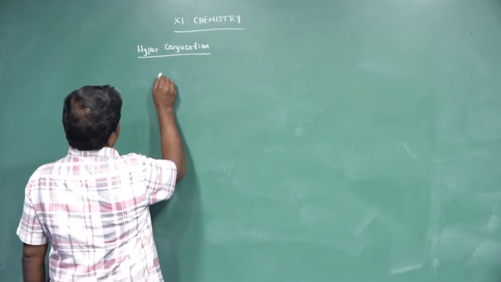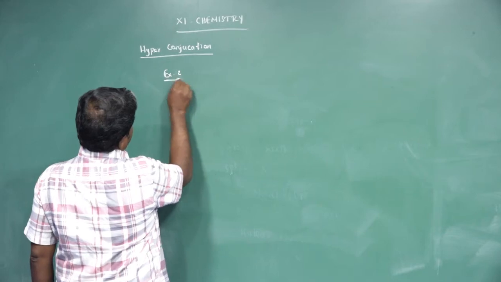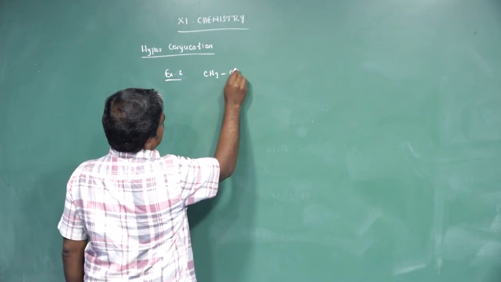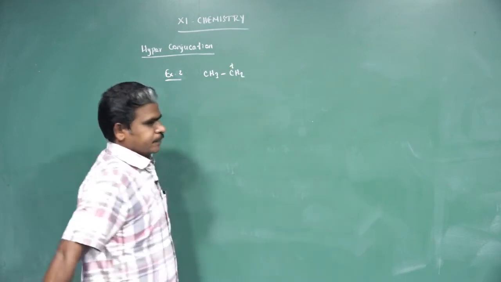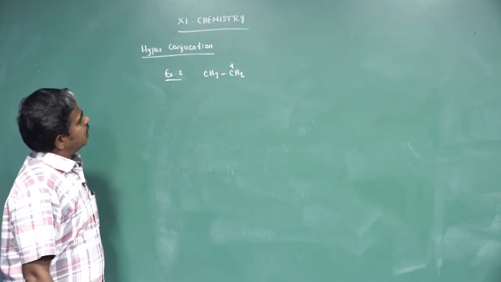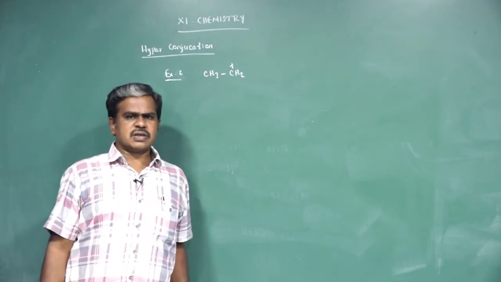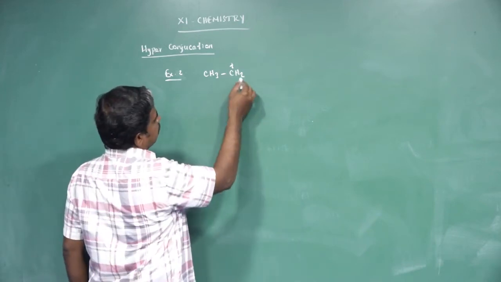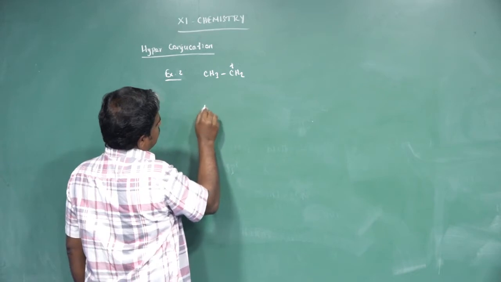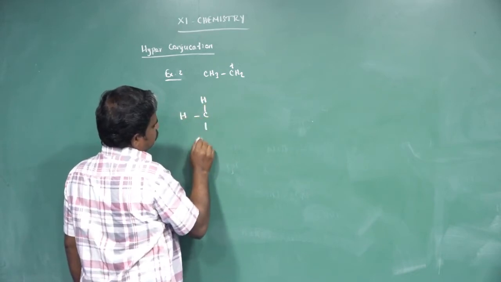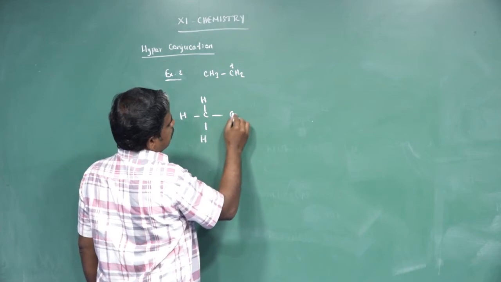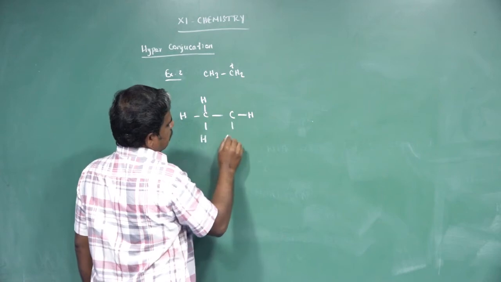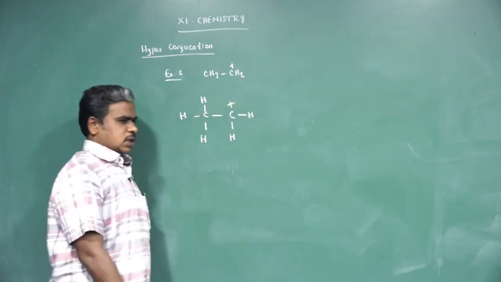Now we may take the second example, the ethyl carbocation, CH3CH2 plus, and check whether it will involve hyperconjugation or not. First check it out, and one is an sp2 hybridized carbon. Now here we are taking a carbon, hydrogen, hydrogen, hydrogen, and here carbon, and here hydrogen and here hydrogen, there is a positive charge.